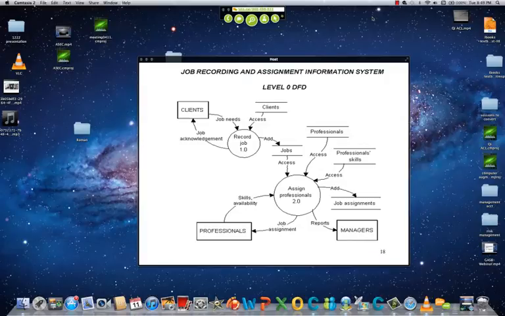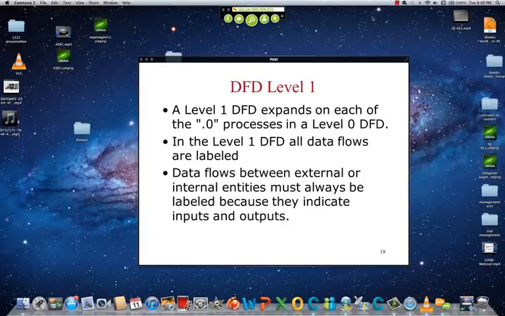Okay, good. So then you have level 1 DFD diagrams. Those DFD diagrams are more detailed. You further decompose processes into smaller sub-processes.